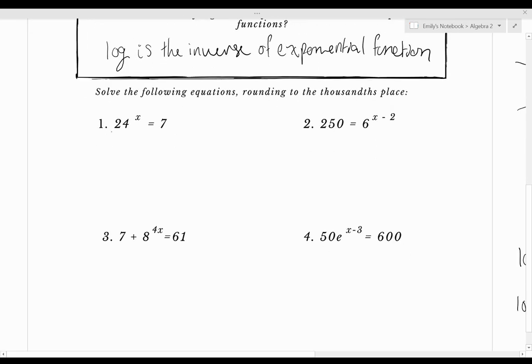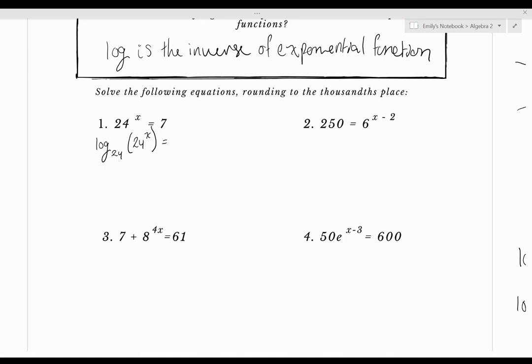If I have 24 to the x power equals 7, I'm not having to deal with any coefficients out in front or any constants on the left side. So I can just start with a log. I'm going to say the log base 24 of 24 to the x power equals, and if we look back at our work on this side of the screen, what we did to one side, we also had to do to the other.